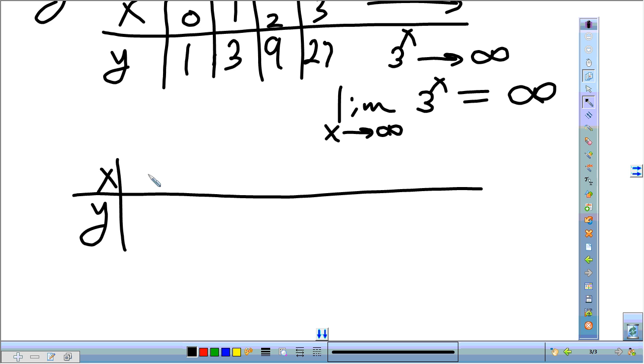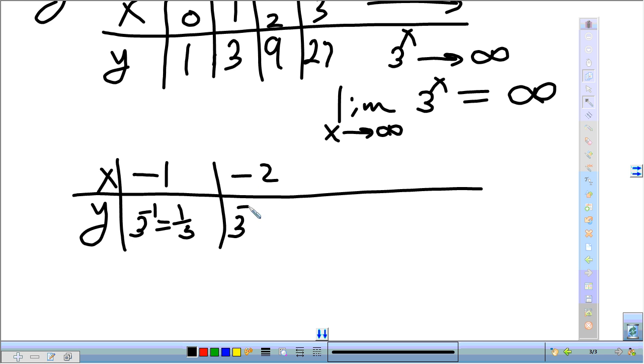If we continue with some negative values like minus 1, then we get 3 to the minus 1, but that's 1 over 3. At minus 2, 3 to the minus 2 would be 1 over 9. At minus 3, 1 over 27. So we have these same numbers, 3, 9, 27, and so forth, but the reciprocals.